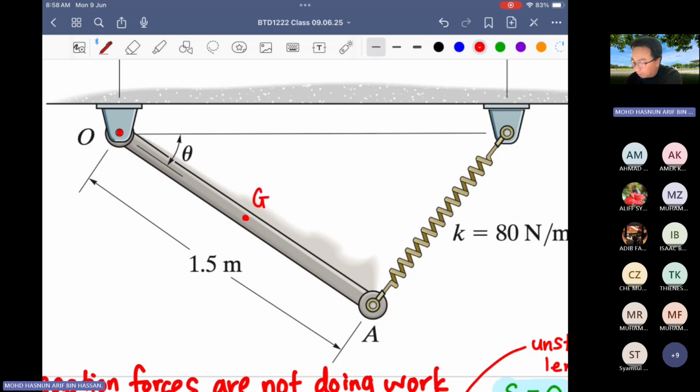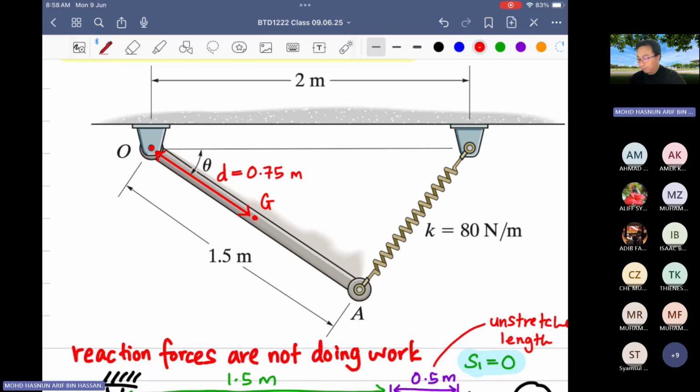So D is half of the length of the rod, which is 0.75 meter.